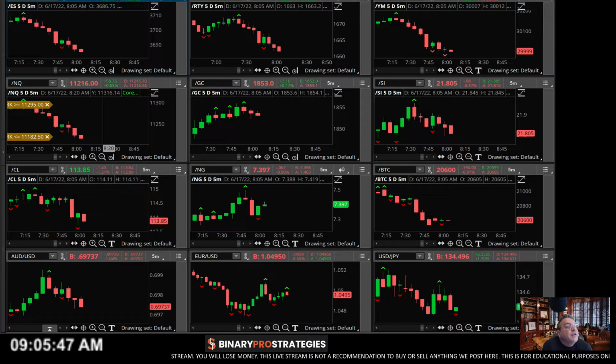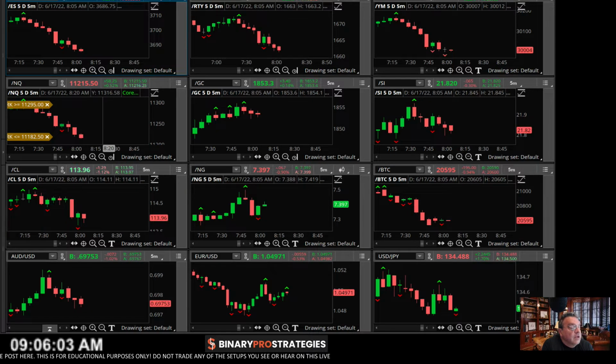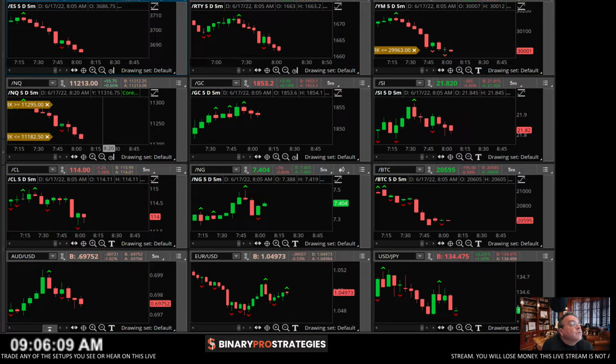As I said, the mini Dow is already coming in short. It has not hit target, so that target is going to be 299.63. That is going to be its profit target. And the reversal, if we don't hit target, is 301.88.